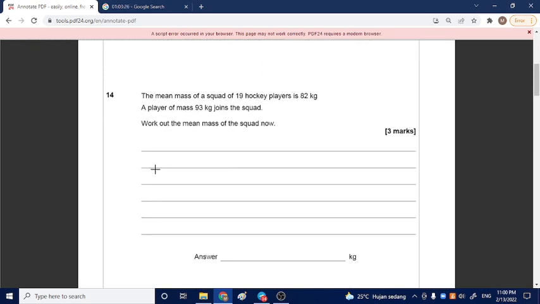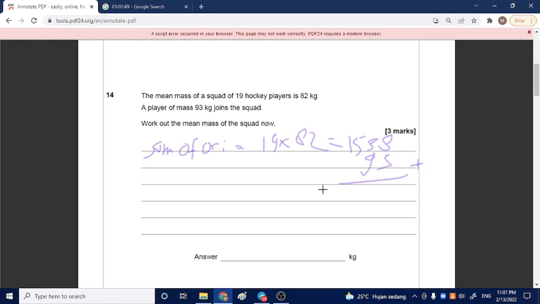Alright. Okay. So let's say the mean mass of original thingy. So the sum of original is 19 times 82. 19 times 82 is 1558. 1558, and then you add 93 kilograms.